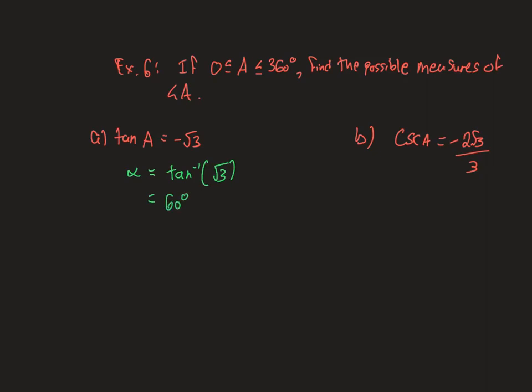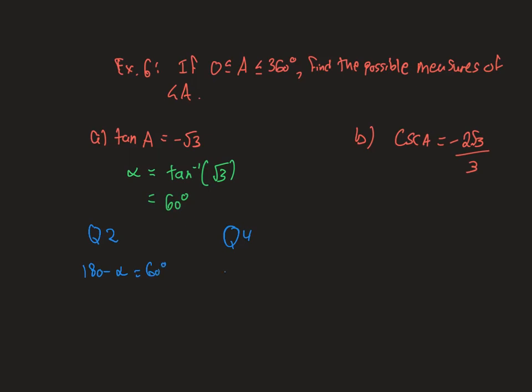Now, this negative then here is telling me that tangent is negative, which means that only happens in quadrant 2 and quadrant 4. So you're going to have two possible answers here. One if it's in quadrant 2 and one if it's in quadrant 4. So if it's quadrant 2, then you know that your answer should be 180 minus gamma, which should be 120 degrees.